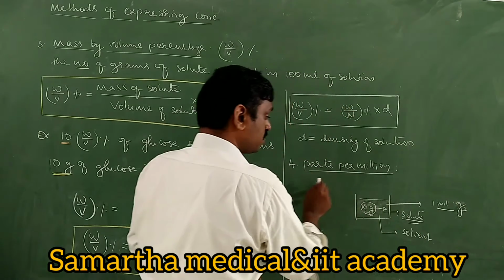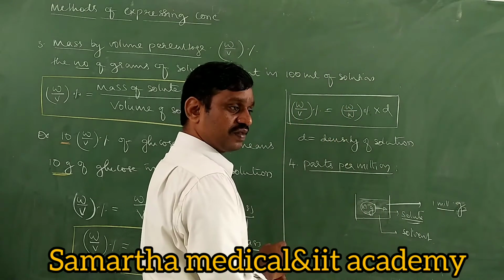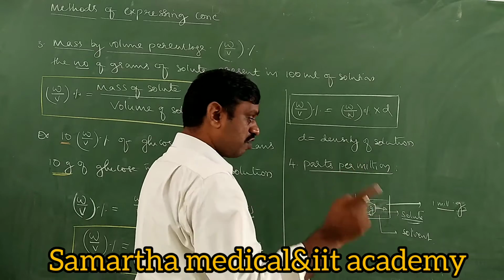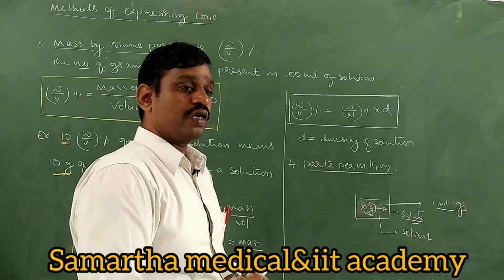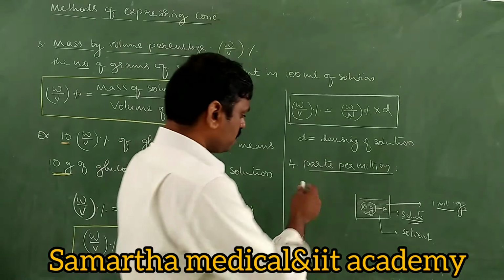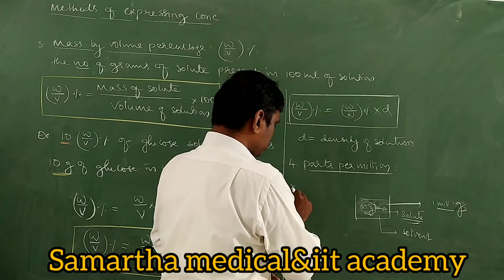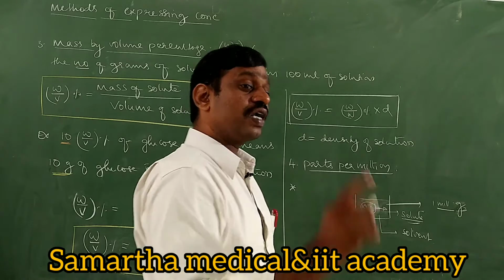So ppm is 10. The number of parts of the solute in a million parts of the solution is called parts per million. Parts per million is generally used to determine the hardness of water.